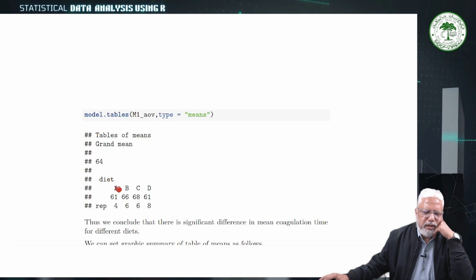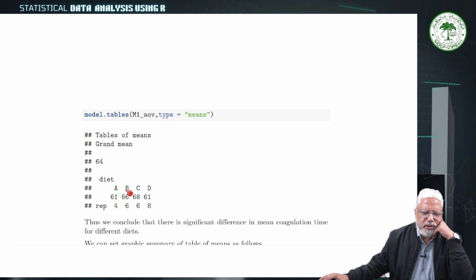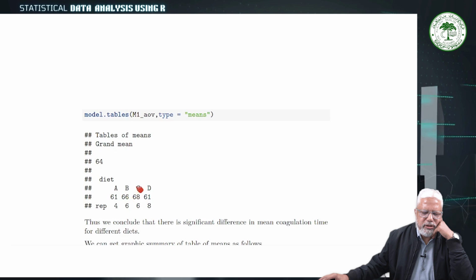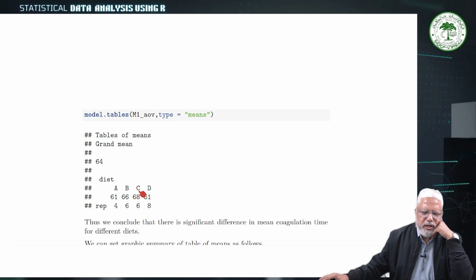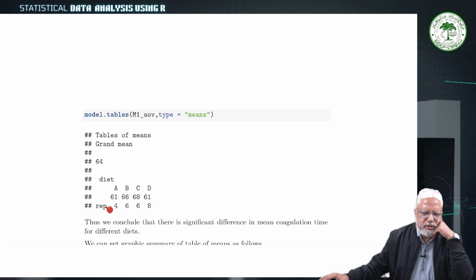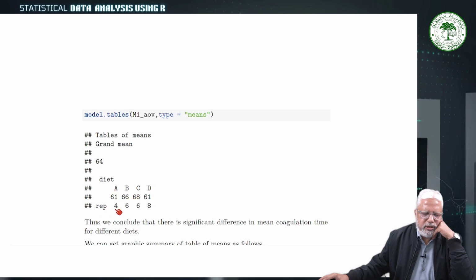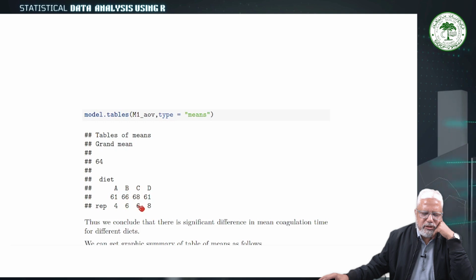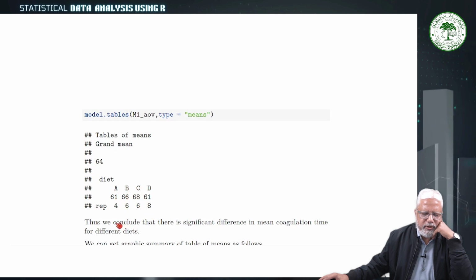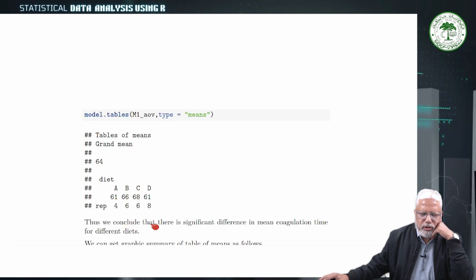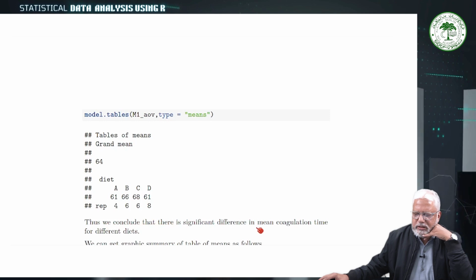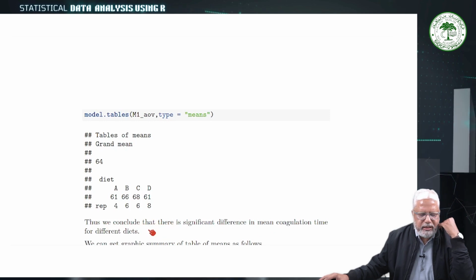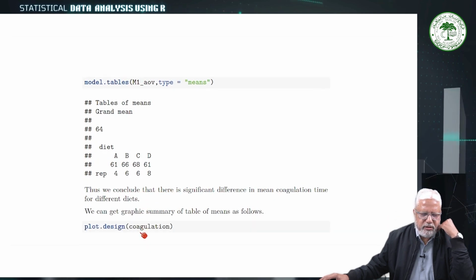Then for diet, A has mean 61, B has 66, C has 68, and D has 61, with replications: A has 4 observations, B has 6, C has 6, and D has 8 observations. Thus, we conclude that there is a significant difference in mean coagulation time for different diets.